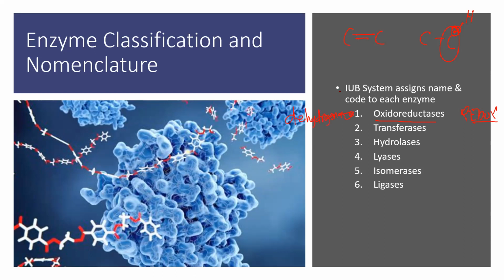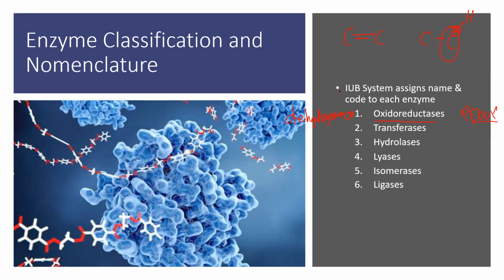That's why examples of enzymes under oxidoreductases are lactate dehydrogenase, glucose 6-phosphate dehydrogenase, and glutamate dehydrogenase, LGG. The function of these enzymes is basically involvement in redox reactions.